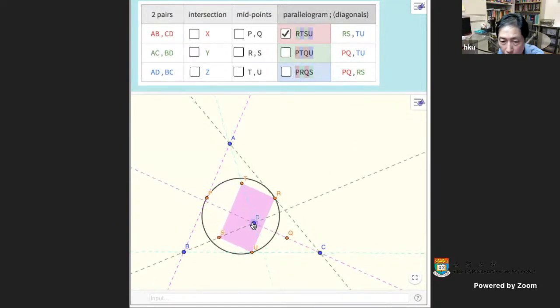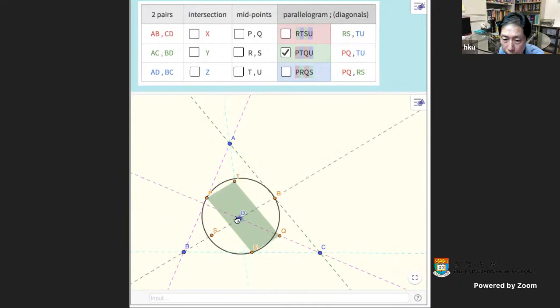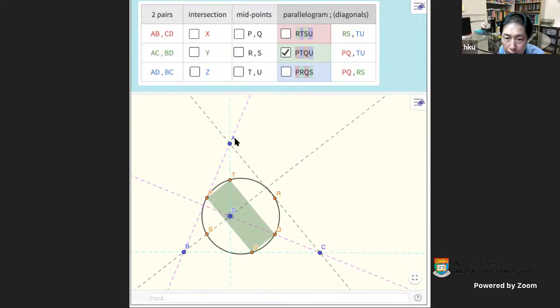However, if you want it to be on the circle, then at least it must be a rectangle, right? That means AB and CD must be perpendicular. Similarly, if you want another parallelogram to be concyclic, then you have to make sure another pair of sides, AC and BD, are perpendicular.